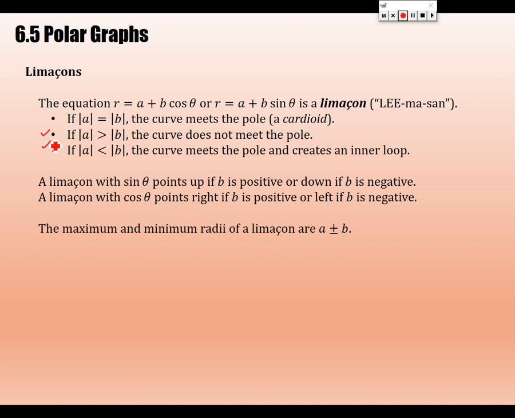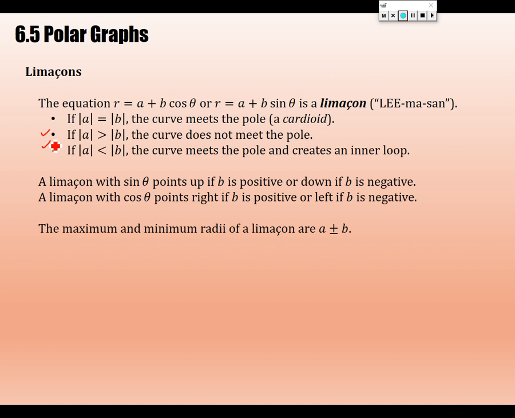This is the one we didn't look at yet. I have one more example that's a cardioid. And that happens when it hits the pole. When they're exactly the same, then certainly we can get 0, but we won't ever get negative numbers. So it really is very similar to the first one we drew. There's no inner loop. It just comes in and actually touches the pole.